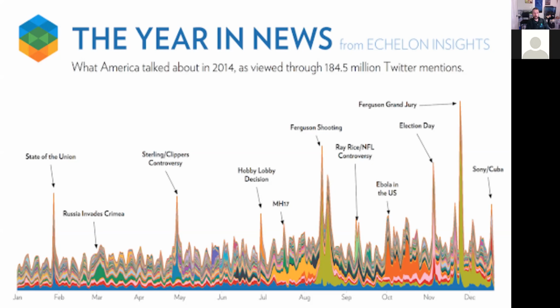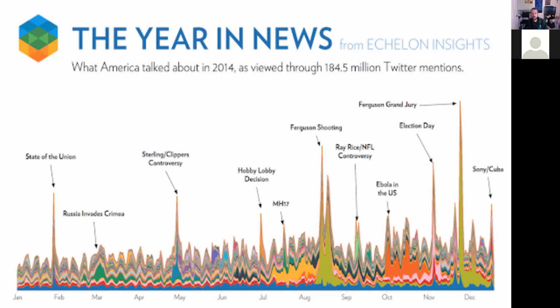So what we see on this particular visualization is that on the x-axis there is time, from January to December over the course of 2014. And then every different color, I believe, refers to some sort of different, it might be a hashtag, it might be a particular classification of user.